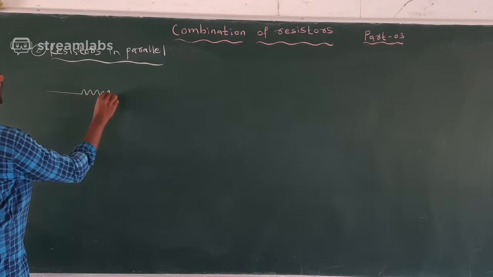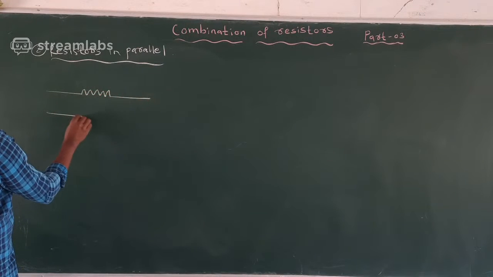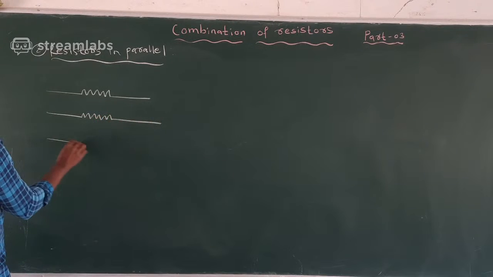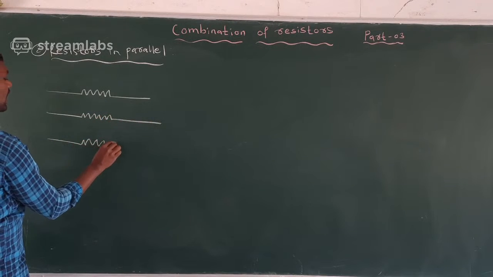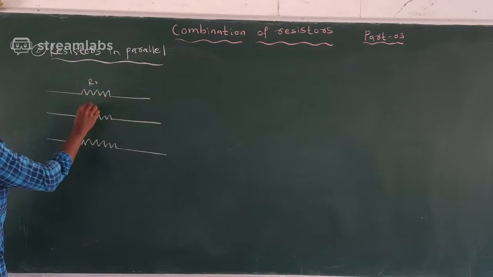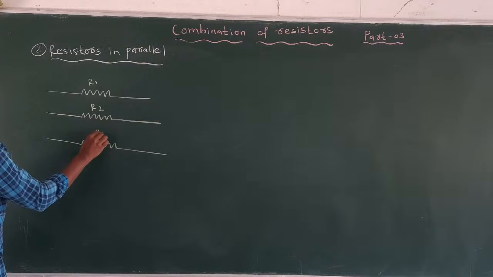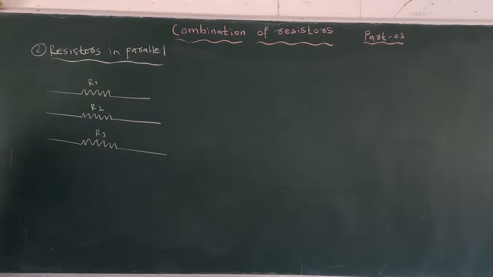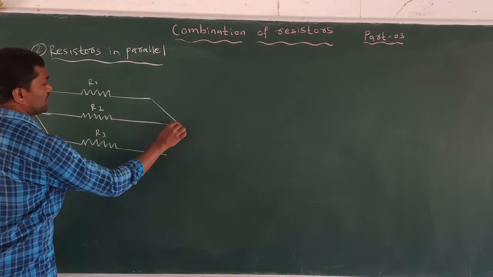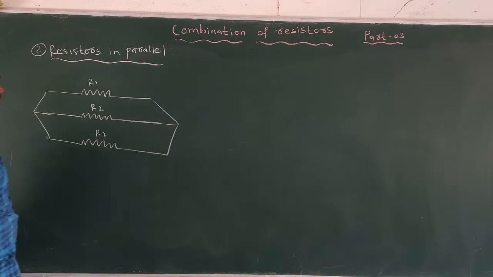First one is the R1 resistor, second one is the R2 resistor and third one is the R3 resistor. These three resistors, the first ends are connected to a common point and the second ends are also connected to another common point.